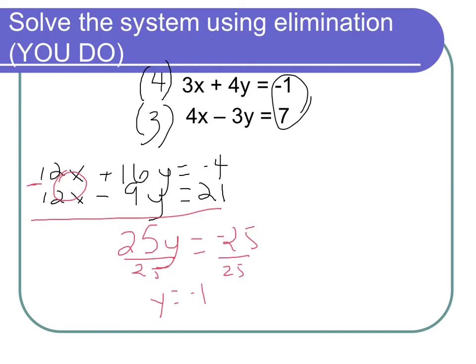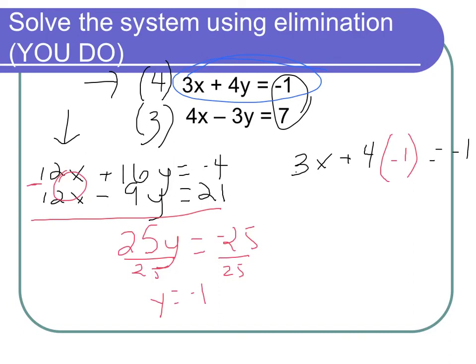Again, you can use either equation to plug it back into. You can either use the new ones that you made here or the original. Using this first original, I'm going to use this one right here so you know which one I'm using. So I have 3x plus 4 times, instead of y, I'm substituting negative 1, is equal to negative 1.